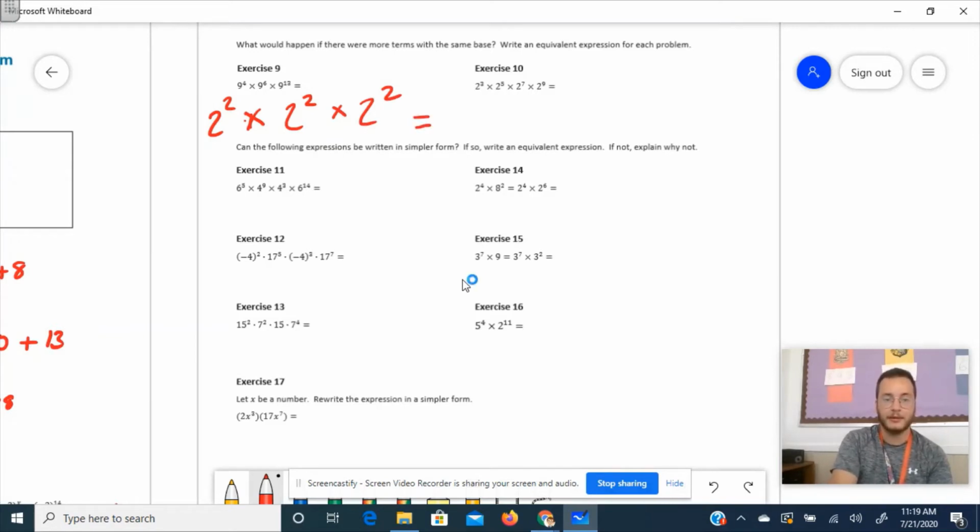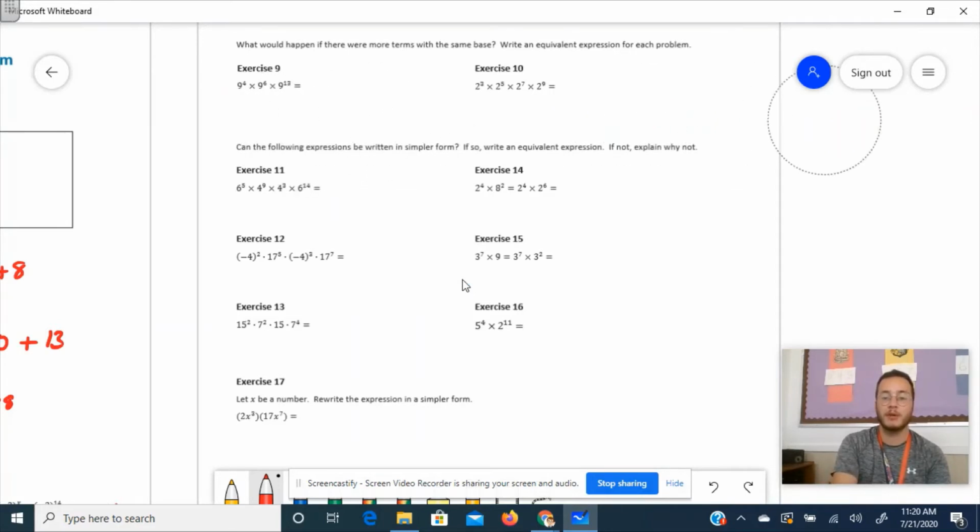Absolutely. Now remember, it's multiplication. It is all the same thing. Once again, we have repeated multiplication over and over. 2 to the 2nd power is 2 times 2, times 2 to the 2nd power is 2 times 2, times 2 to the 2nd power is 2 times 2. I add all that up together and I get 2 to the 6th power. It is exactly the same thing.